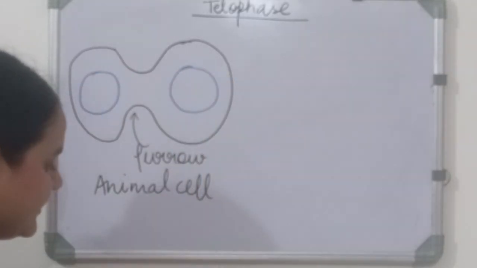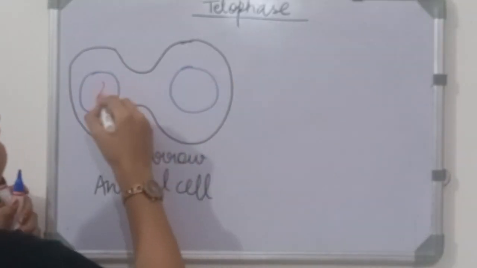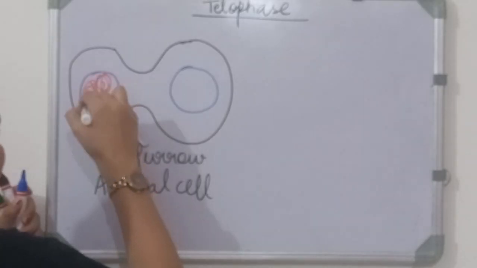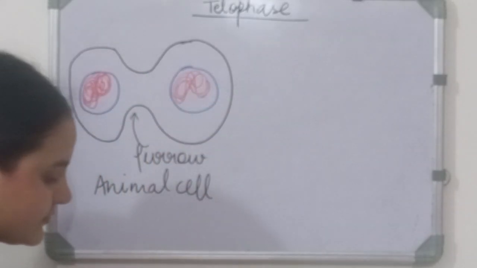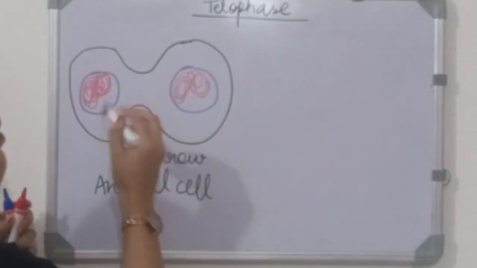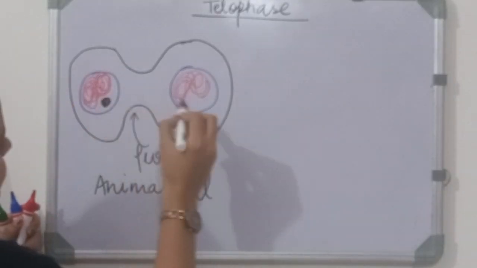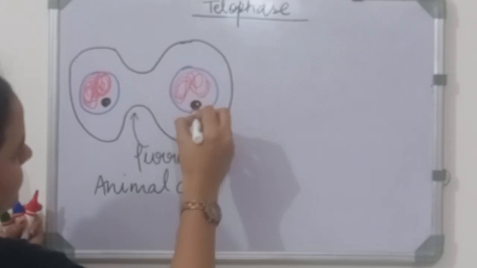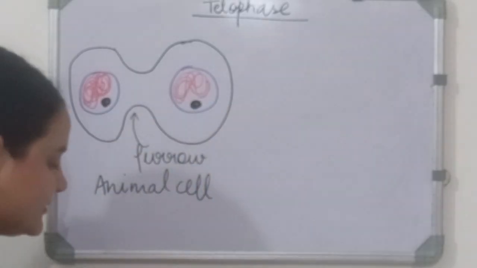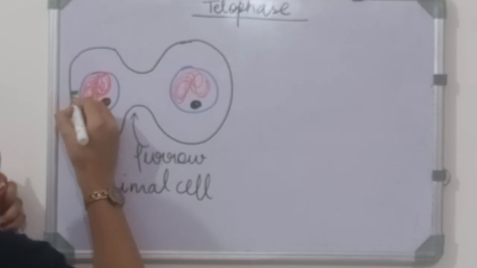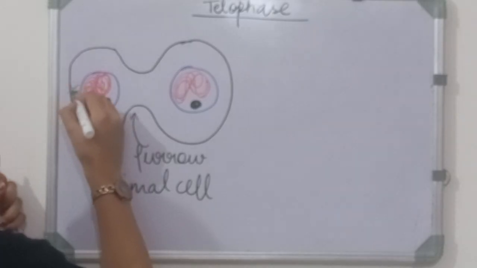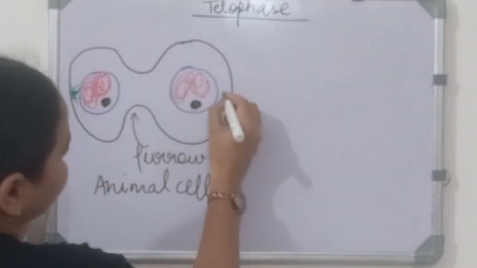This is the nuclear membrane. The chromatids have thinned out in the form of chromatin fibers. Nucleolus has reappeared. Okay, like this. And this was our centrosome.